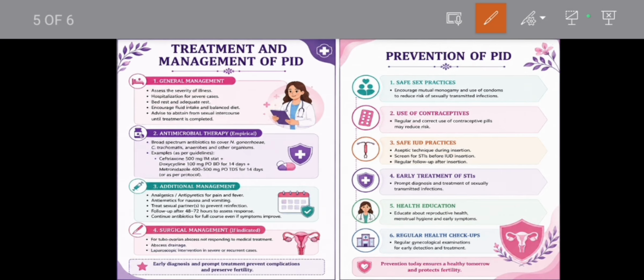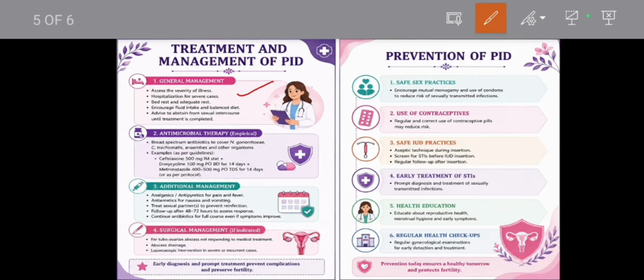So next we'll see what are the treatments of PID. In that, first is general management. First we have to assess the severity. Like a PID patient will be there, so we have to check the severity of the illness of that patient. Then in severe cases, hospitalization is recommended.